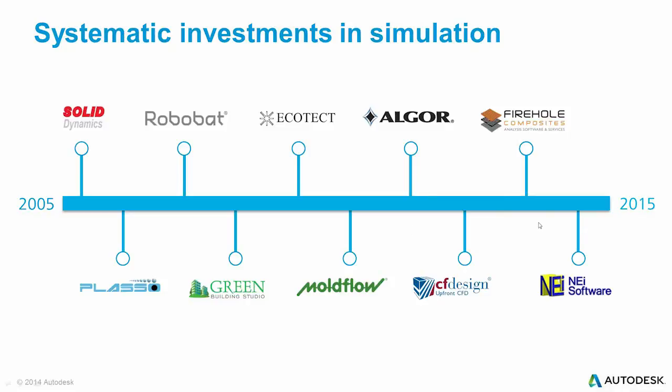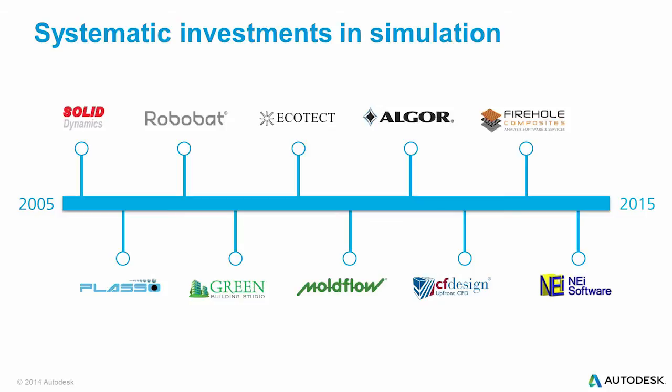So just to give you some background on Autodesk simulation, Autodesk have been very active in acquiring companies and technologies since 2005, having spent $900 million plus on acquiring such technologies. My background is actually from the Moldflow acquisition in 2009, that's plastics injection molding simulation.